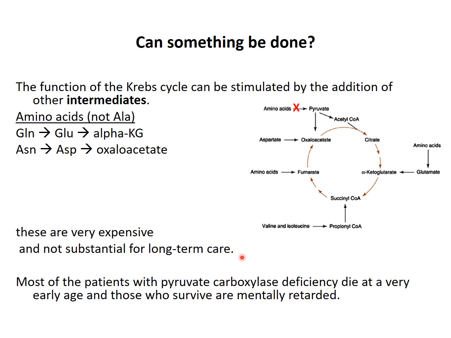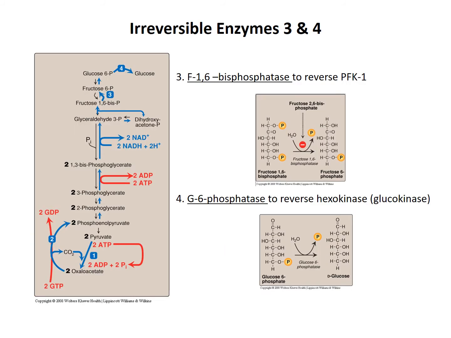It cannot be used for long-term care, and it is very expensive. So unfortunately, PC deficient babies, many of them end up with mental retardation and very serious problems, and many of them die.